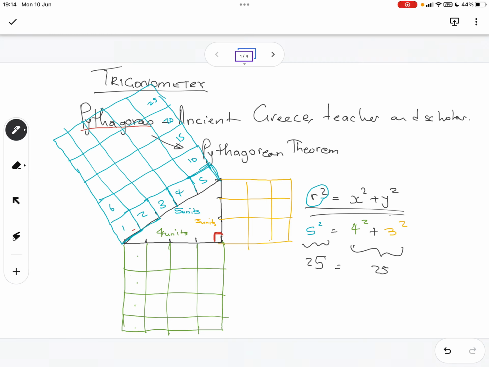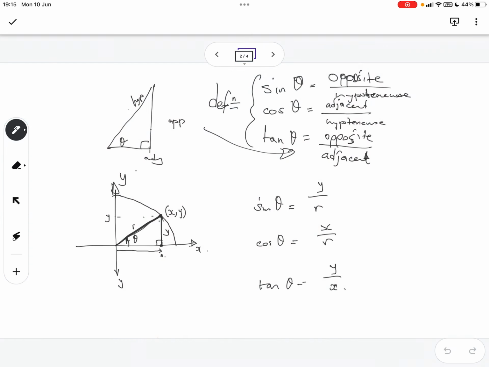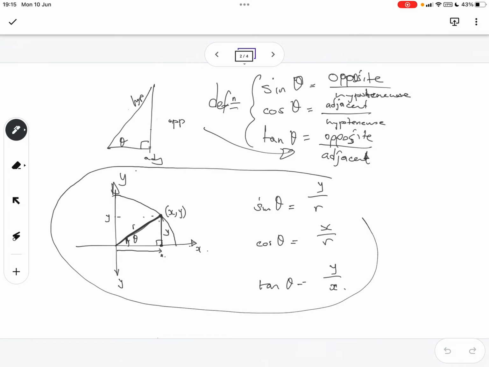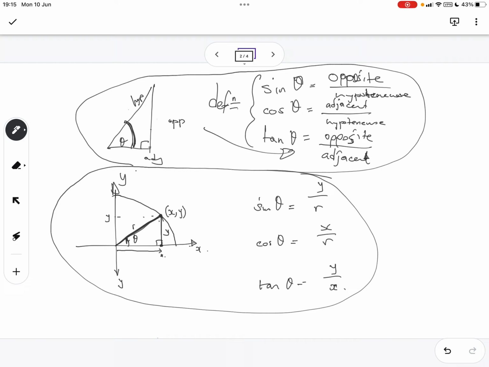Trig probably started around ancient Greek times. And one of the things it was answering was how to measure triangles, right? And probably specifically triangles with a right angle. So in answering that question, this equation was developed and it's now known as the Pythagorean theorem.